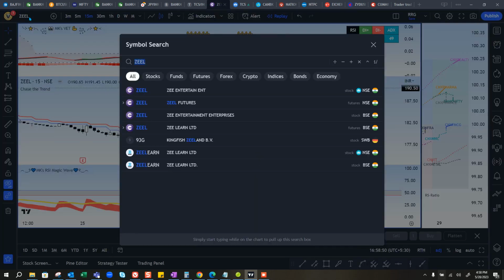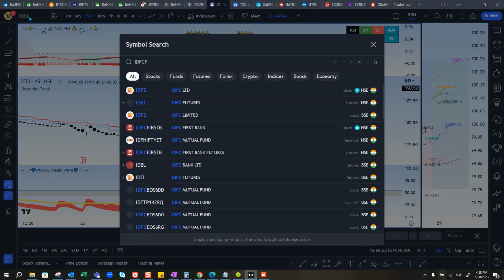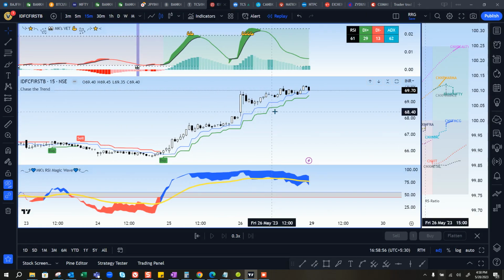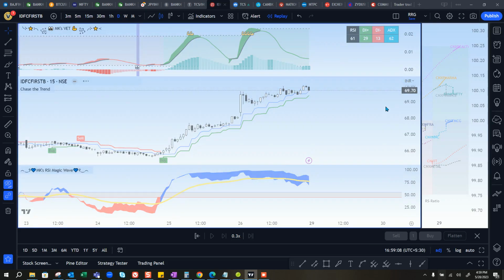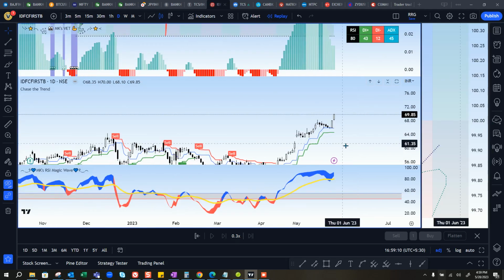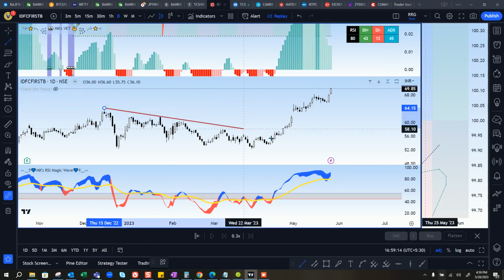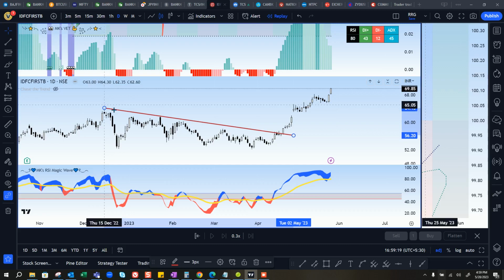So let's check IDFC First Bank. It was good in the first 15 minutes only, and then it went a little bit further. But this stock, if you see on a daily time frame, I've shared it very long back. We picked this, it is also a part of the Alpha Chaser gang, IDFC First.